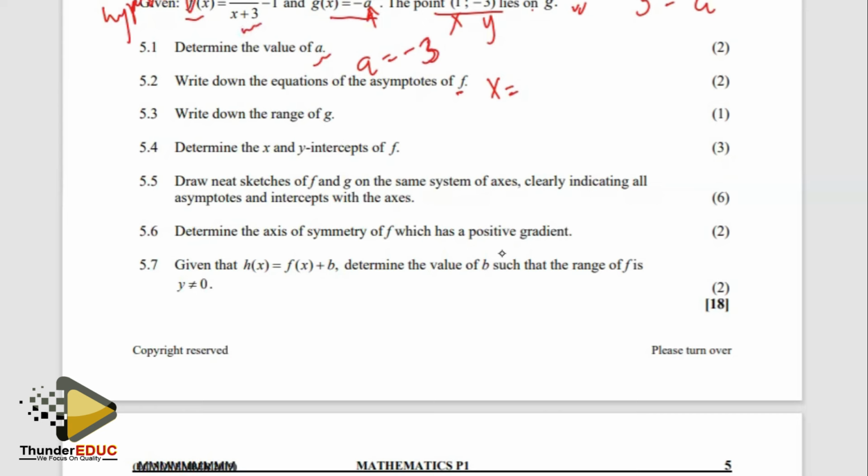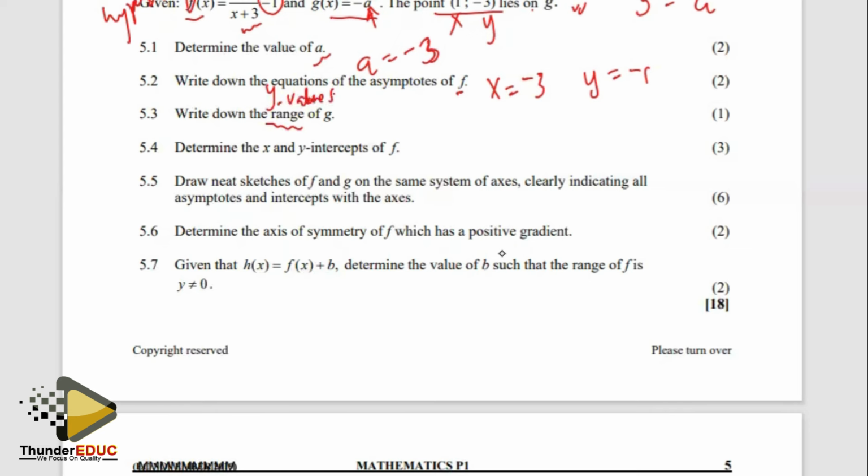Now this is a plus 3, then we're going to have just a negative 3. For the other asymptote, of y, let's get whatever we have there, and that becomes the asymptote. If it's a positive number, just write it the way it is. If it's a negative, write it the way it is. So y is negative 1, x is negative 3. Those are the asymptotes.